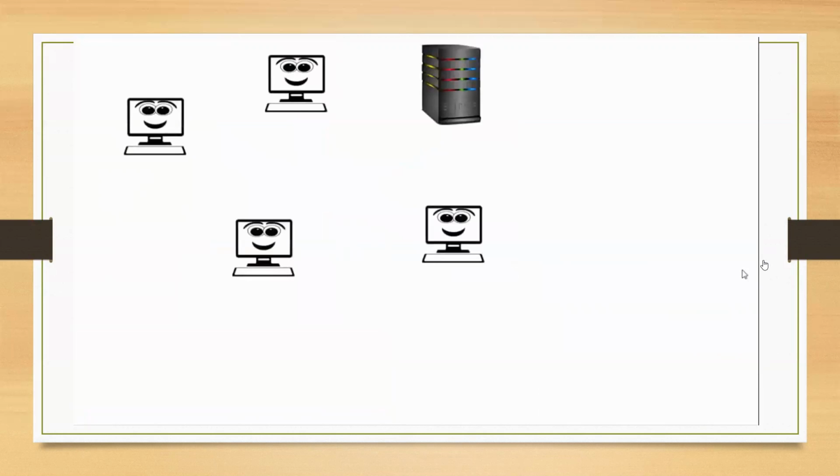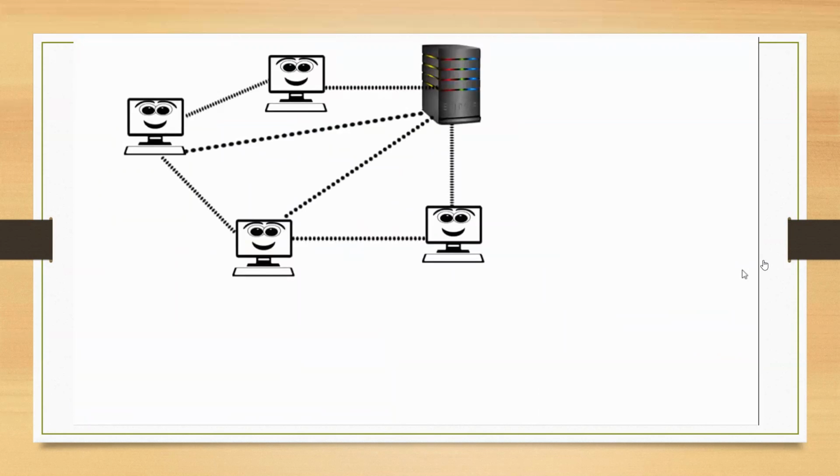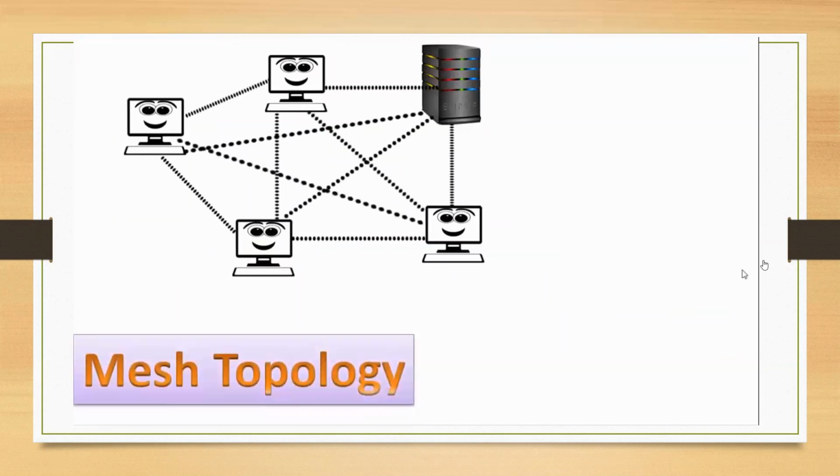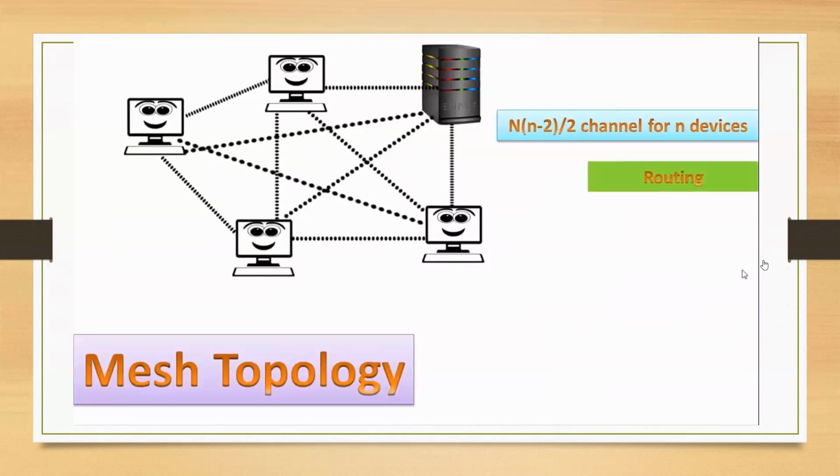Now moving on to the next topology, there are 4 computers and a server, and the server is connected to all computers, and the computers are interconnected with each other. This type of topology is known as mesh topology. In this topology, it has n(n-1)/2 channels for n devices. There are 2 ways of data transfer. One is routing.